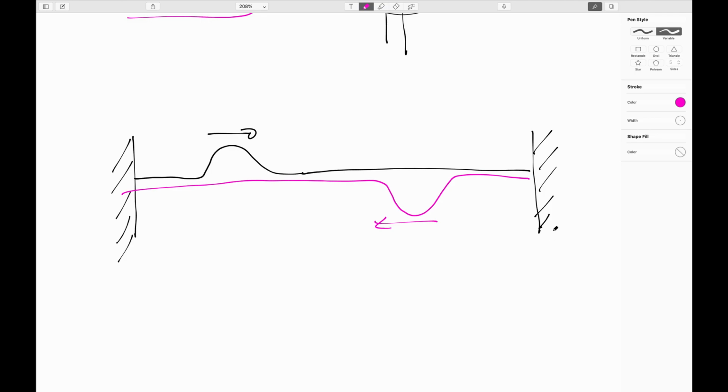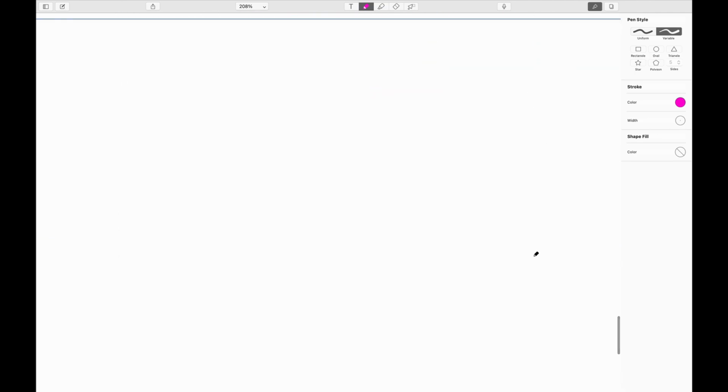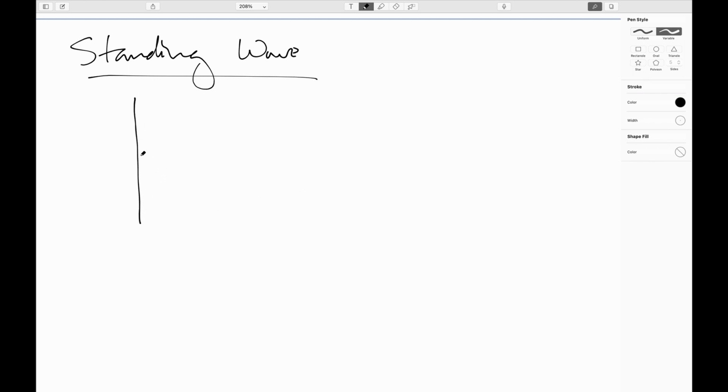Okay, so the phenomenon you just saw is something called a standing wave. So what you saw was that in this particular case, the ends were fixed.